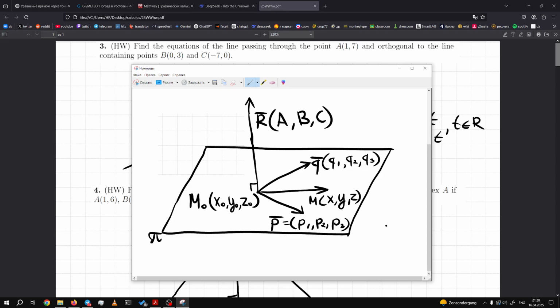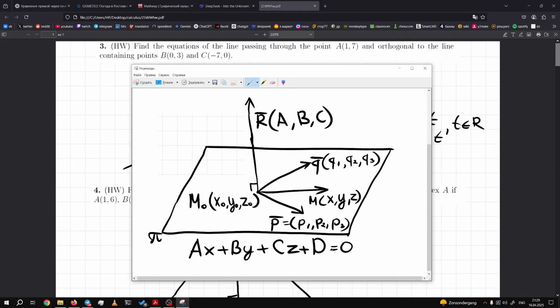And what is actually the Cartesian equation? It is Ax plus By plus Cz plus D is equal to 0.